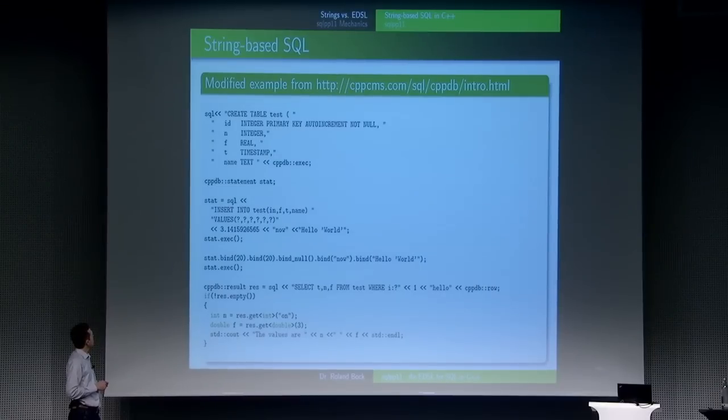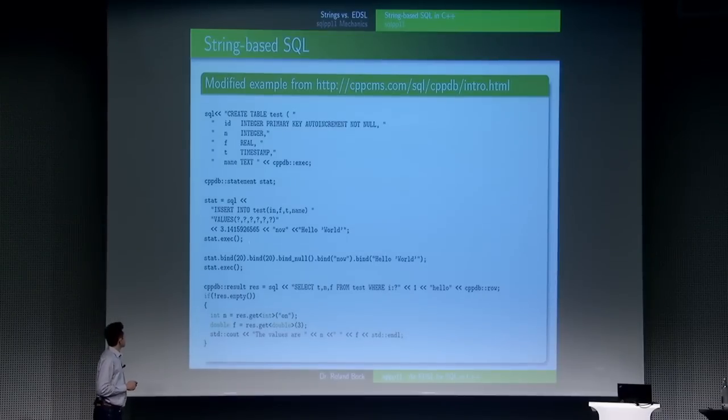Then this is an insert statement, obviously, some columns and then some values. We want to use real values, so we use some question marks to mark parameters. And then we stream in these parameters and execute the statement.